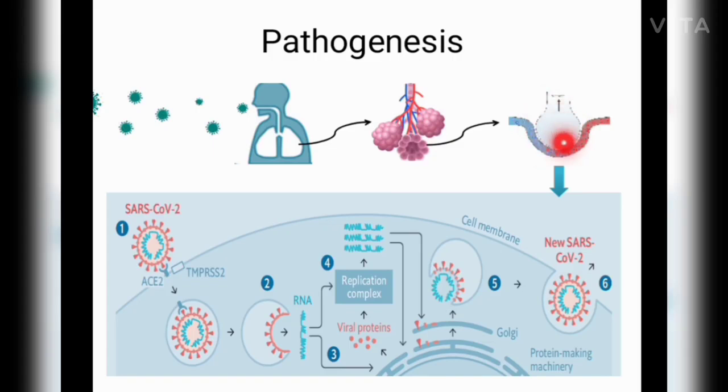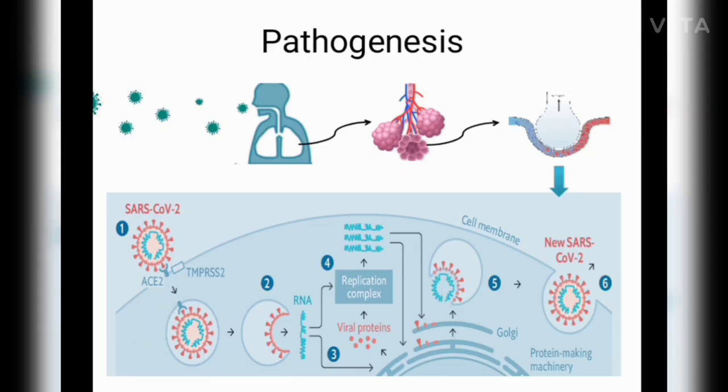These alveolar cells are responsible for gas exchange, which is nothing but the inhalation of oxygen and exhalation of carbon dioxide. Now, the spike proteins on the surface of the virus will attach themselves to the ACE2 receptors on the surface of the alveolar cells to facilitate its entry into the host cell.